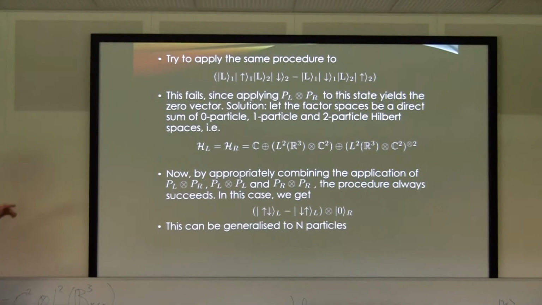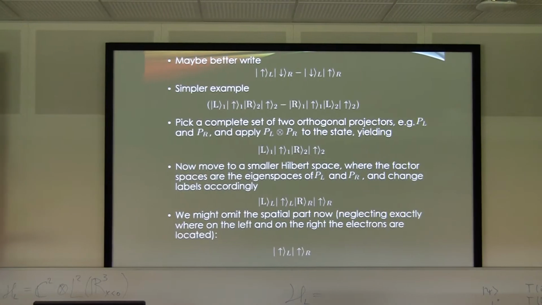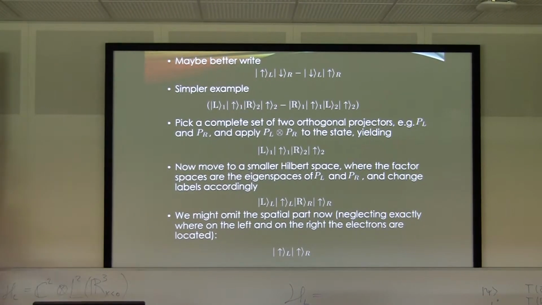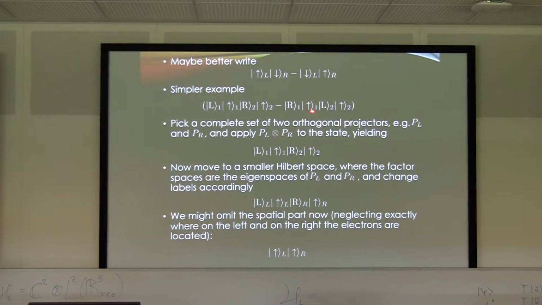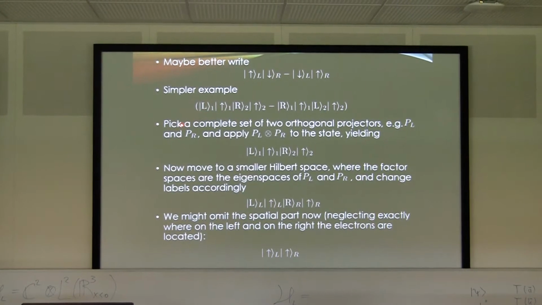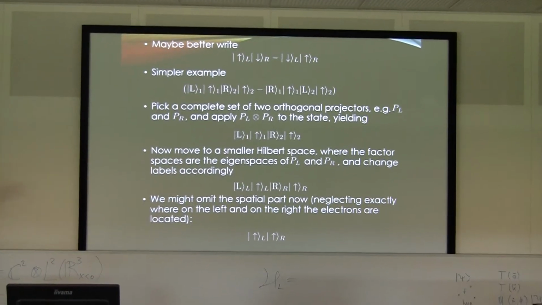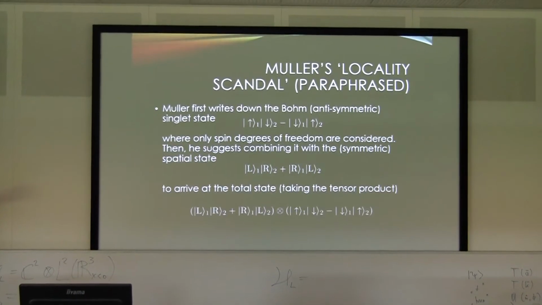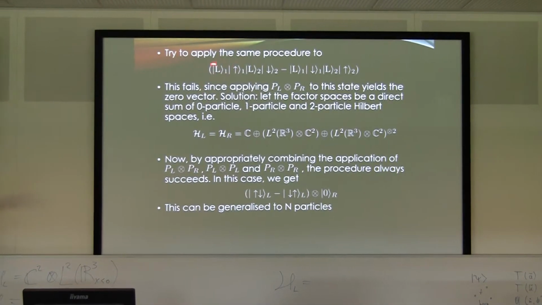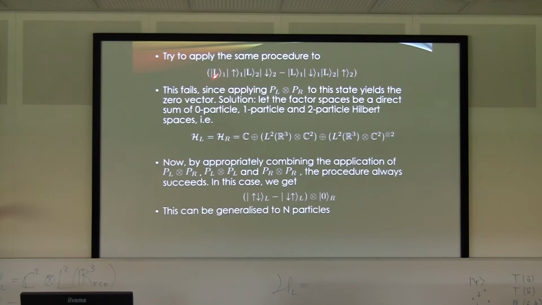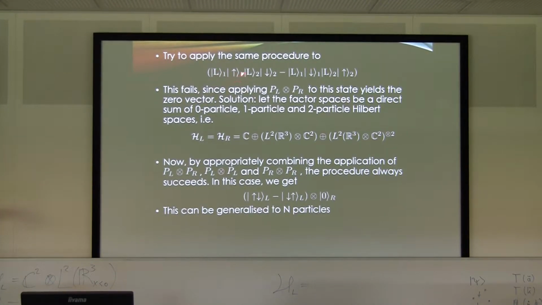But now, I've of course not been completely arbitrary in choosing BL and BR, having a wave packet on the left and a wave packet on the right. In general, this procedure will not always work. For example, suppose we start with this state: wave packet on the left, spin up, wave packet on the left, spin down.